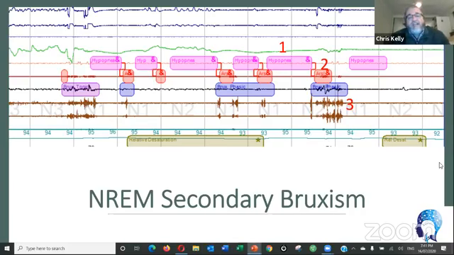But in terms of bruxism, they've had 2 events because you've got to group those phasic events together. It always starts with an airway event, secondary bruxism. This is non-REM, so it's not dreaming sleep. An airway event, an arousal, which brings on a return to muscle tone, and then a resetting of the airway, which gives you that bruxism event.